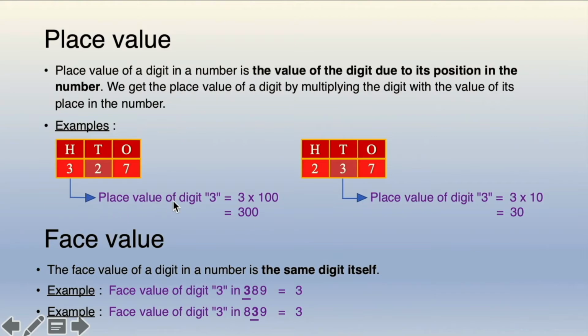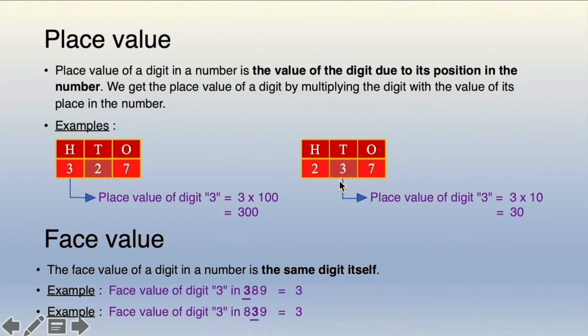So place value of digit 3 in this number is 300. Now in this number 237, the digit 3 is at 10's place. So the place value of digit 3 is equal to, again we have to multiply the digit, that is 3, with the value of the place of the digit 3 in the number.